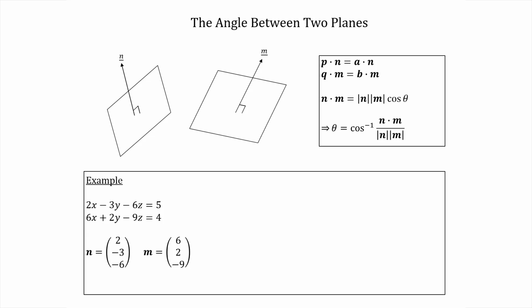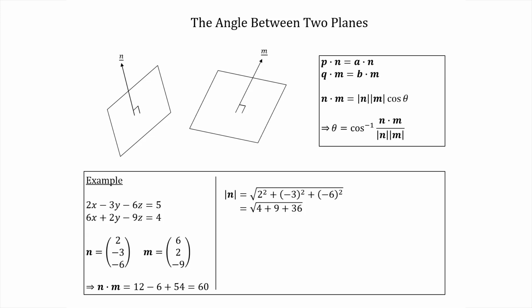Now we need to calculate the product of these two vectors and their magnitudes. The dot product, n.m, is equal to 12 minus 6 plus 54, which equals 60. The magnitude of n is the square root of 2 squared plus (-3) squared plus (-6) squared, which is the root of 4 plus 9 plus 36, which is root 49, which is 7.